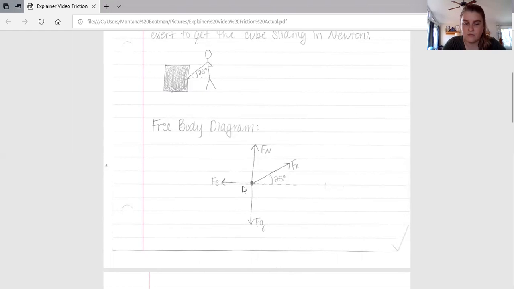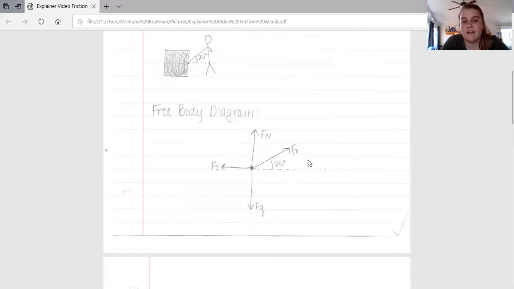The positive direction is the force of the rope pulling on the block of ice. And I just showed that at the angle that was given, because we'll need that to figure out how much he needs to pull on it to actually make it move.